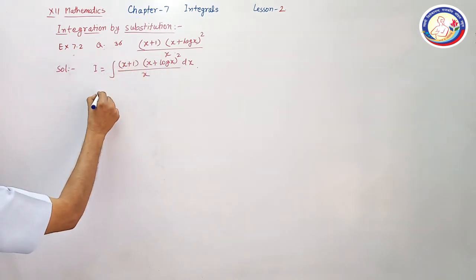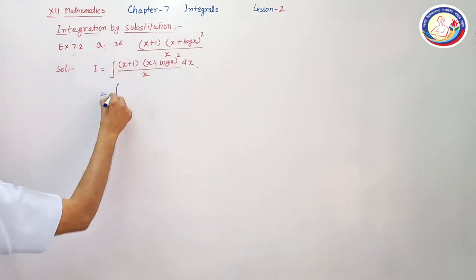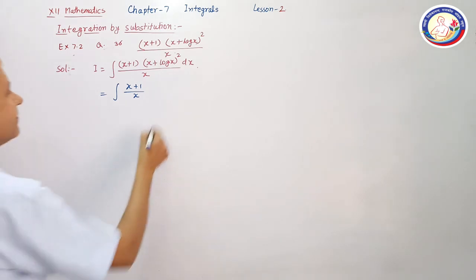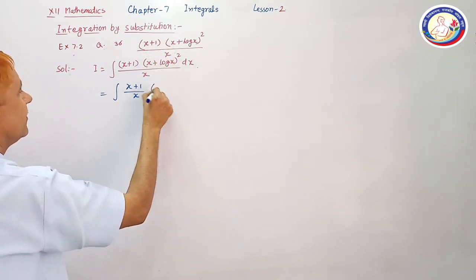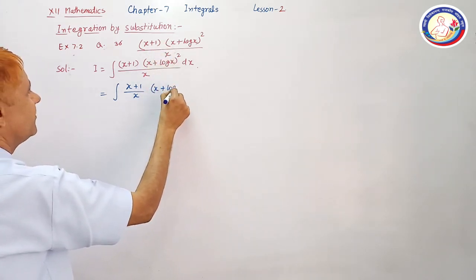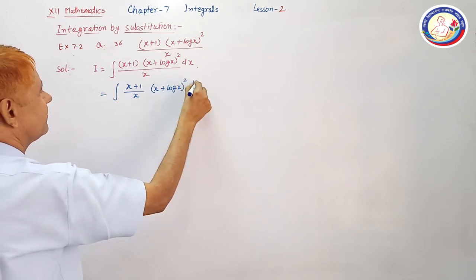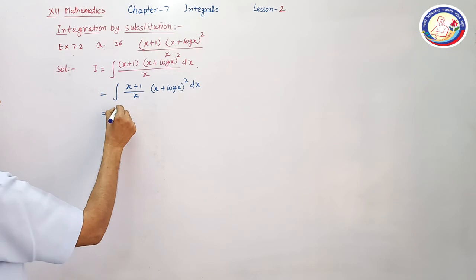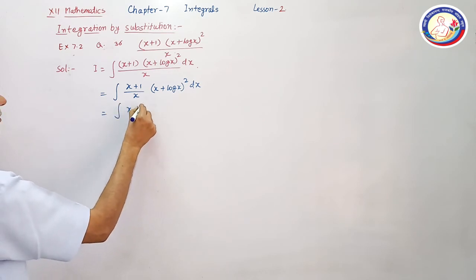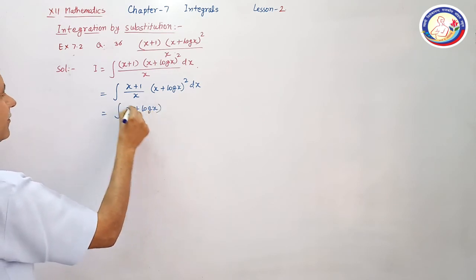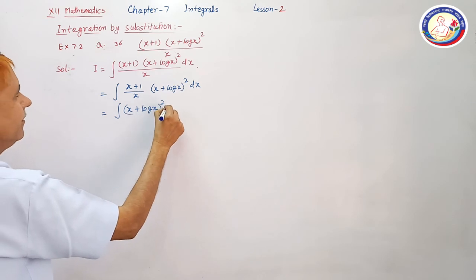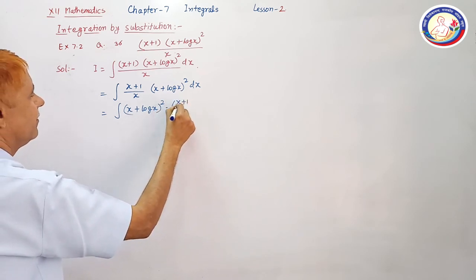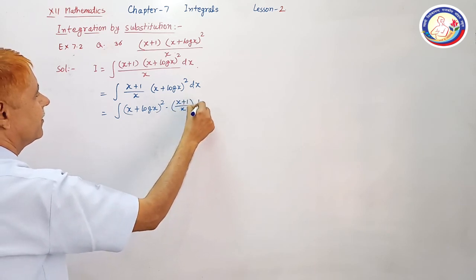So I am changing this in this form, x plus 1 upon x and then x plus log x square dx. Or we can write the integration of x plus log x square into x plus 1 upon x dx.